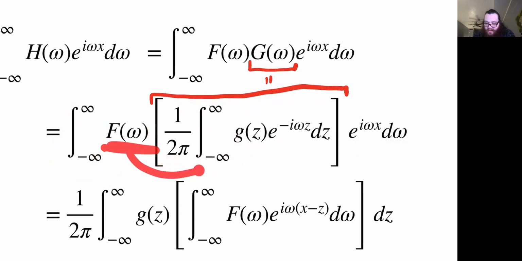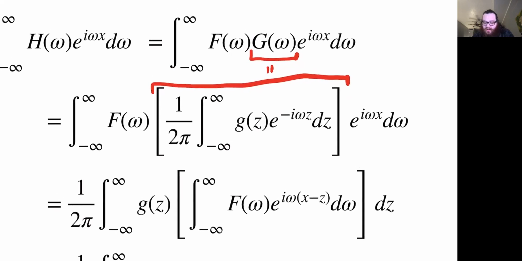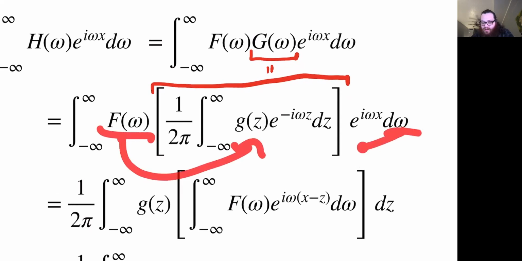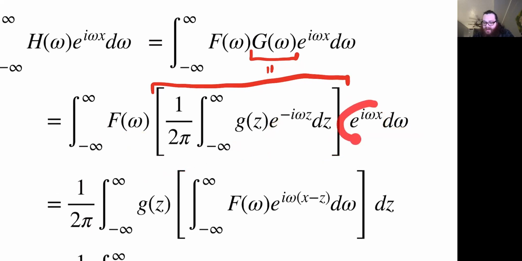And this f of omega we're going to move in. We're shuffling things around so that in the end, f of omega and d omega come in here. Combine e to the I omega x with e to the minus I omega z, and we end up with e to the I omega times x minus z.